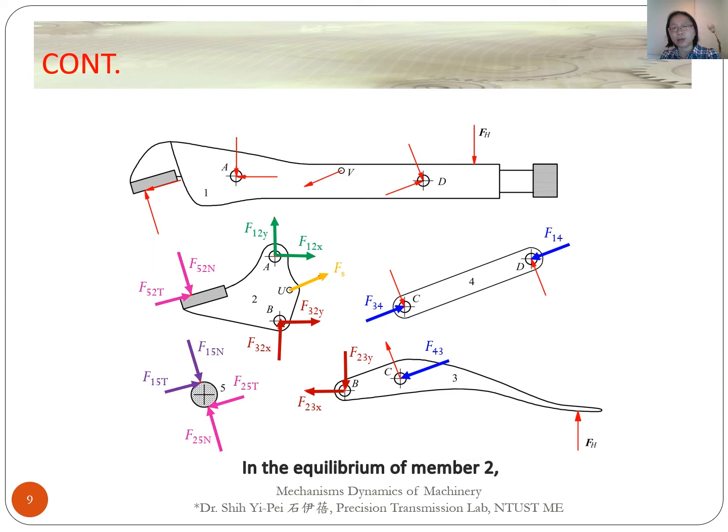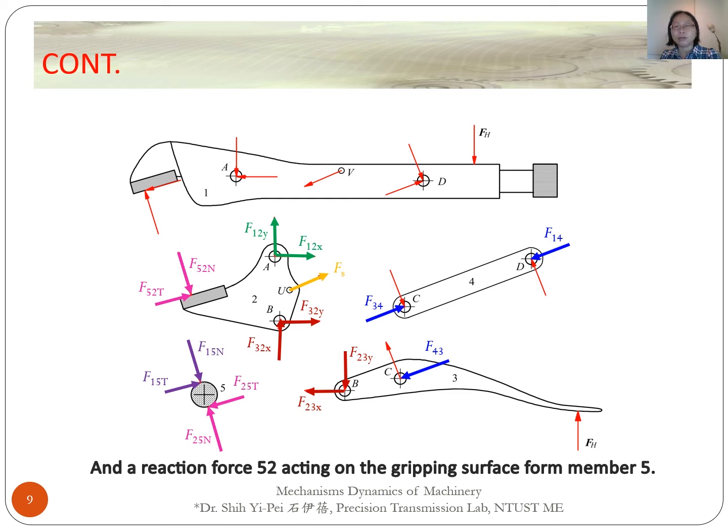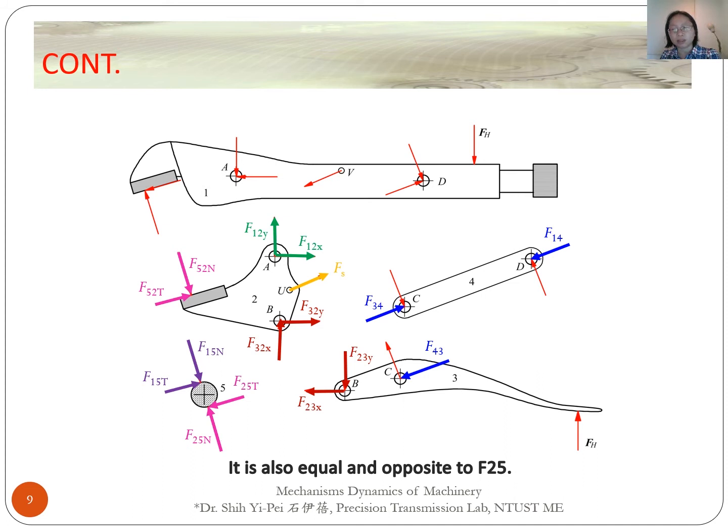In the equilibrium of member 2, reaction force F32 acts on joint B from member 3, equal and opposite to F23, and a reaction force F52 acts on the gripping surface from member 5, also equal and opposite to F25, and a spring force Fs acts on the joint U. We know the force of the spring always acts along the spring.